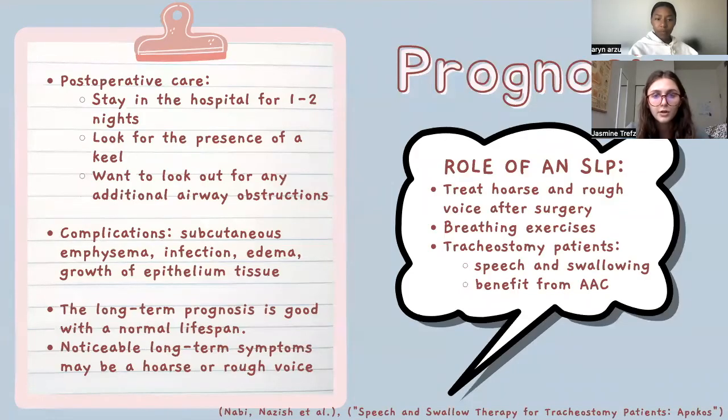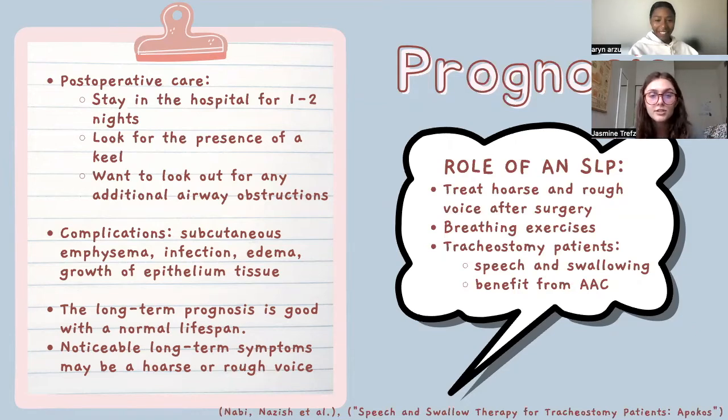So moving on to prognosis, more specifically looking into the postoperative care after a laryngeal fissure, would require a patient to stay in the hospital for observation for about 1 to 2 nights post-op. And the team of clinical experts will look to see if the keel is still correctly in place and to see if there's any swelling or additional airway obstructions after surgery.